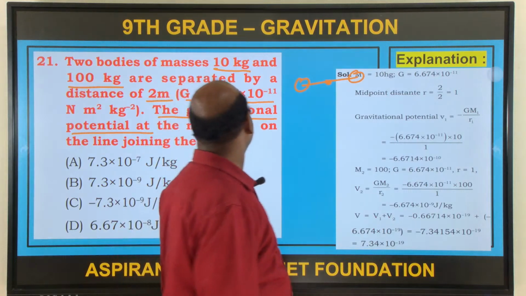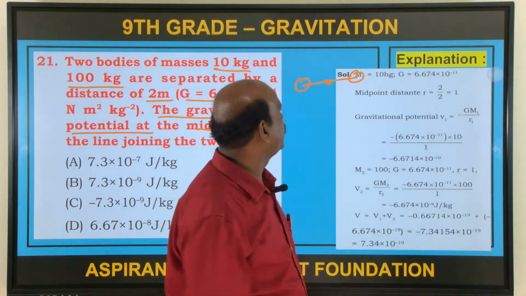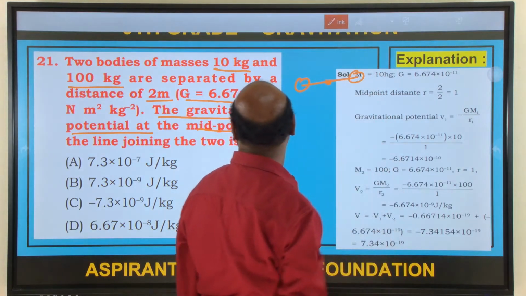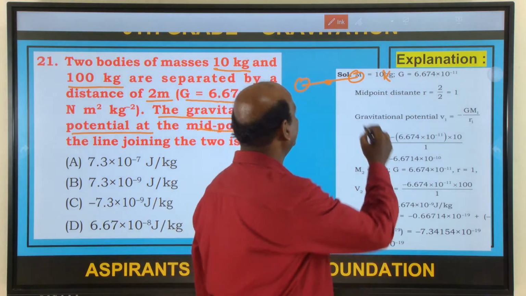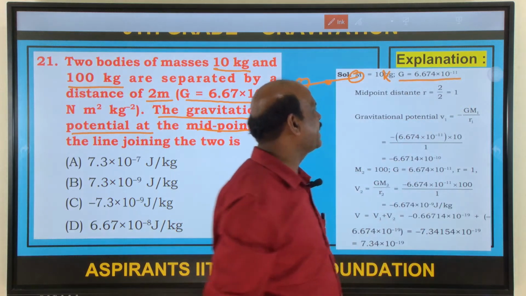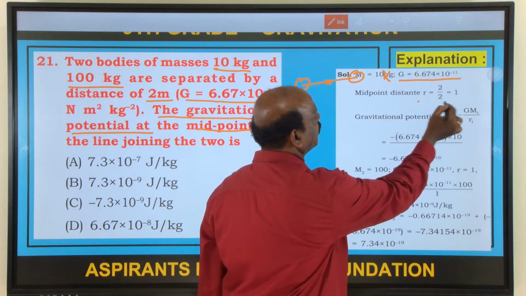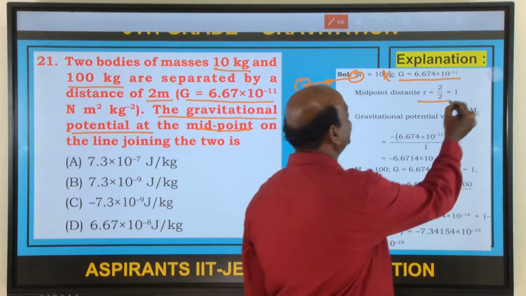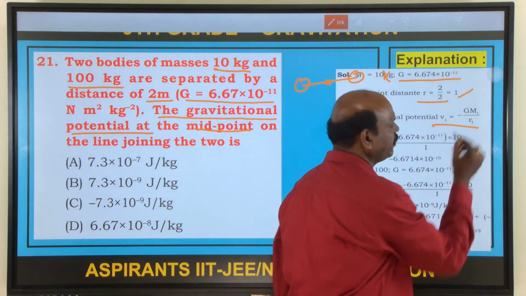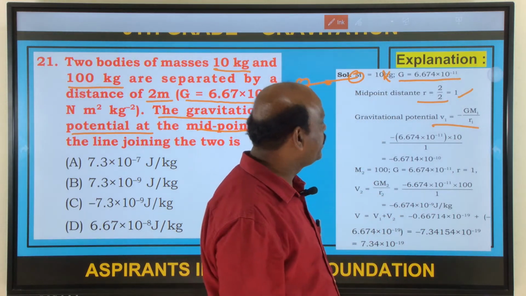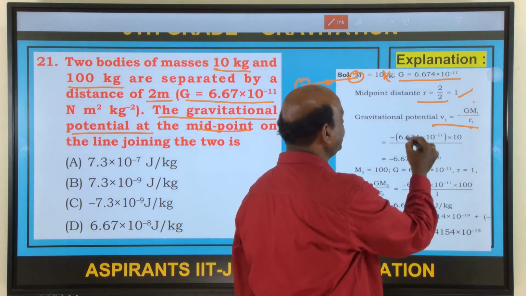The mass of one body is taken as 10 kilograms, G value 6.674 into 10 power minus 11, and the midpoint distance, as the distance is 2 meters, is half of it, that is 1 meter. Then gravitational potential, we know, is given by V is equal to Gm1 by R1, or Gm by R.